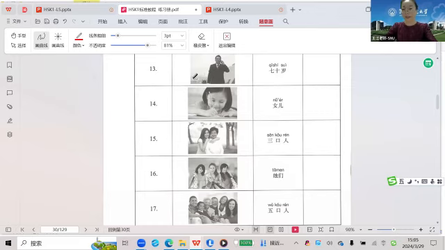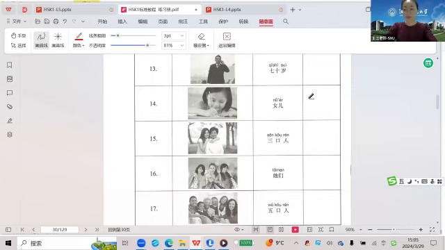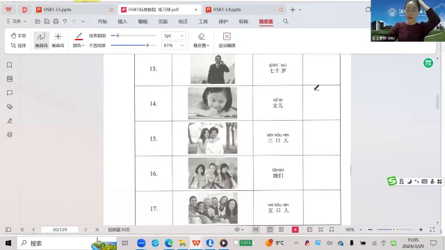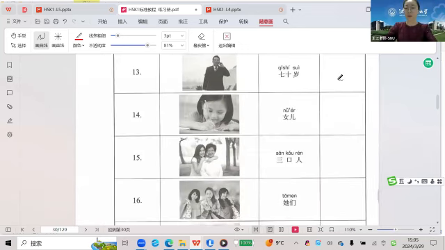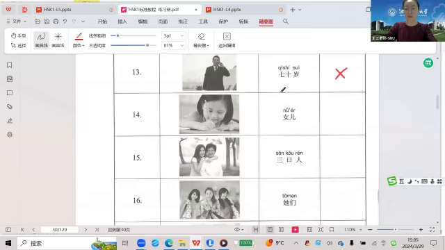Number 13, Samara Javid. 70岁. Is it right or wrong? Wrong, obviously wrong. 70 years old. I think the man in the picture is not that old, right?